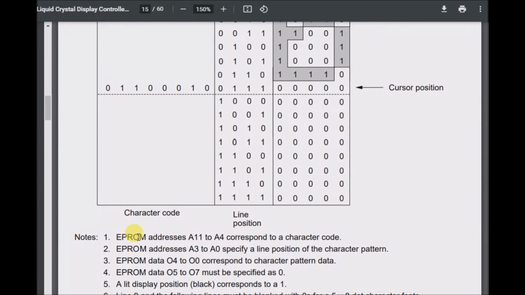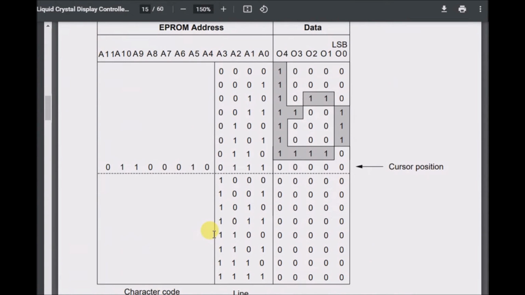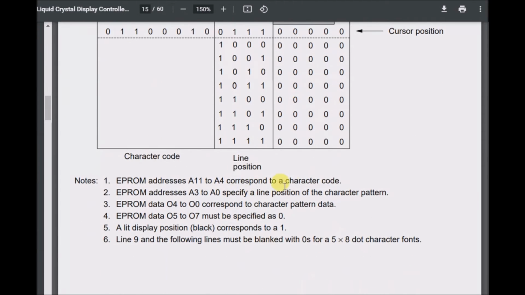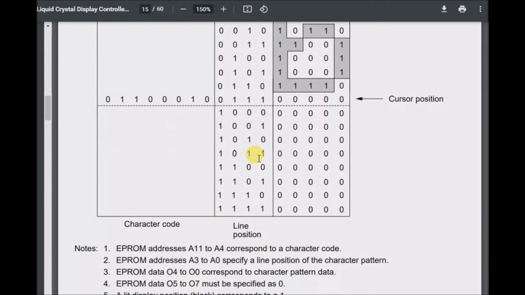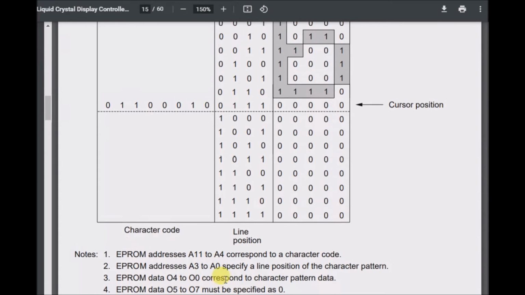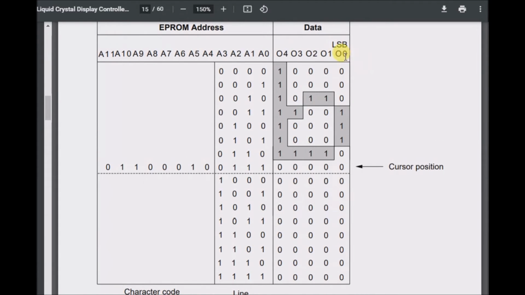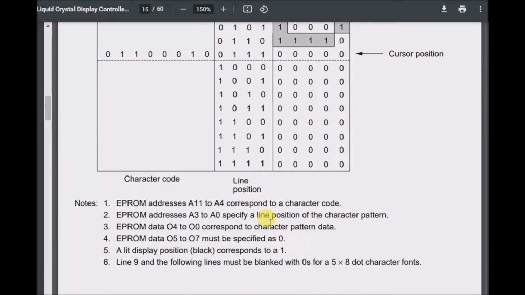Notes. EEPROM addresses A11 to A4 correspond to a character code. EEPROM addresses A3 to A0 specify a line position of the character pattern. EEPROM data 04 to 00 correspond to character pattern data.